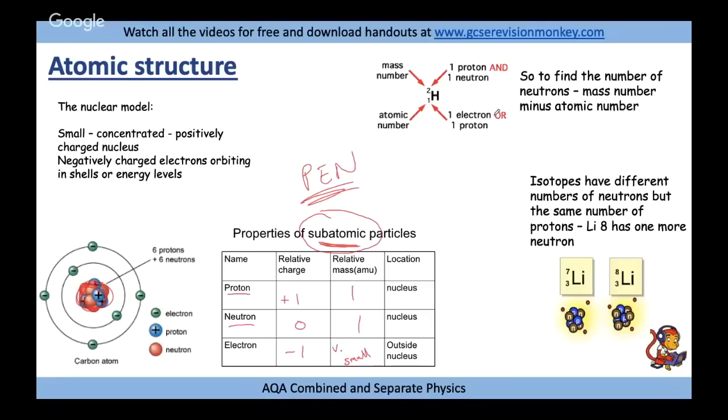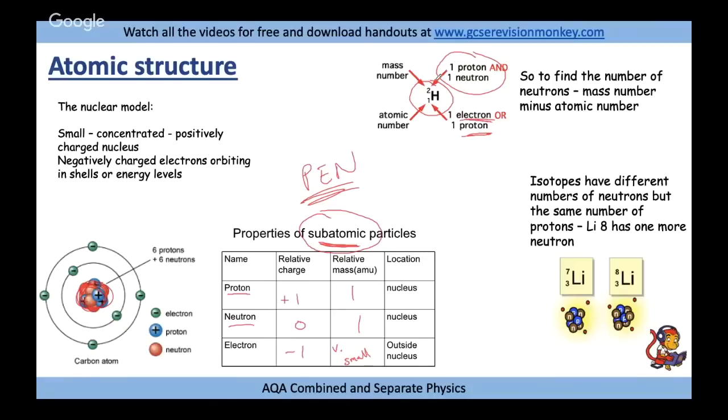Okay, we have here our symbol from the periodic table. This is the same as in chemistry, this part of the topic. Our top number is our mass number. That's our total, protons and neutrons. Bottom number is the atomic number. That's just the number of protons, which also happens to be the same as the number of electrons. If I want to find the number of neutrons, I've got to find the difference between these two numbers.